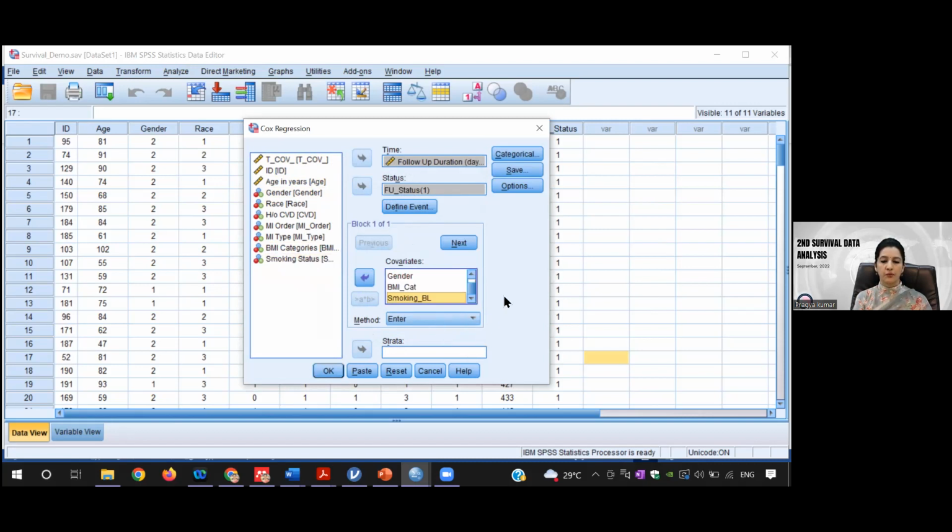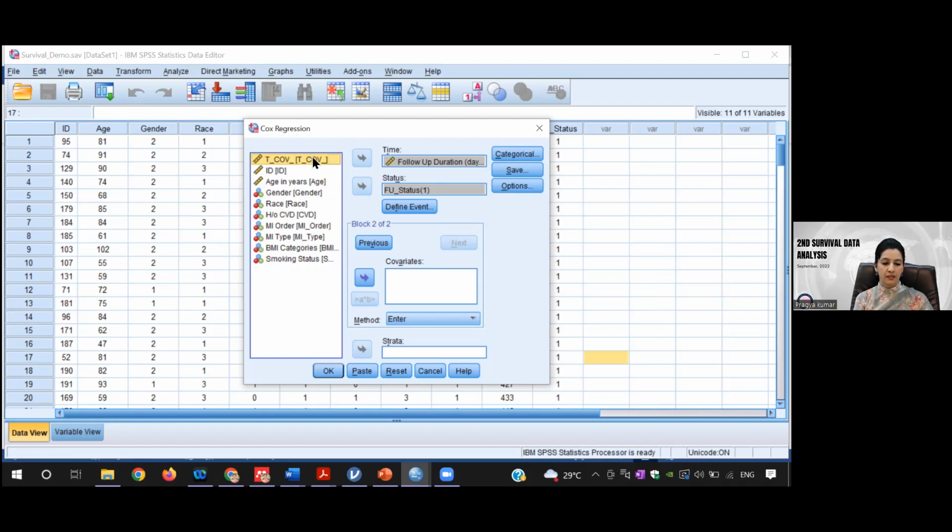And if I am assuming that there could be some time-dependent interaction with smoking, I will go to the next. The variable which you want to test for whether the proportional hazard assumption holds or not, you can do it like a time-dependent covariate.